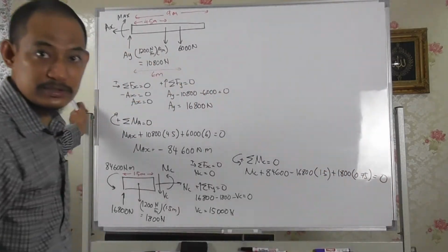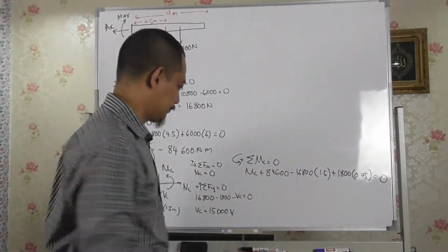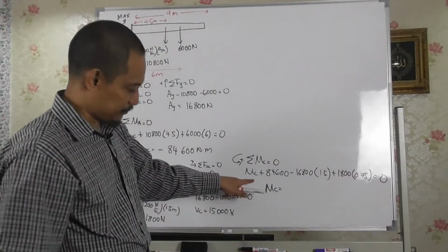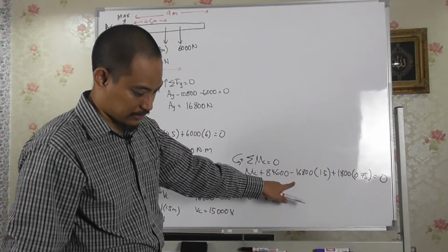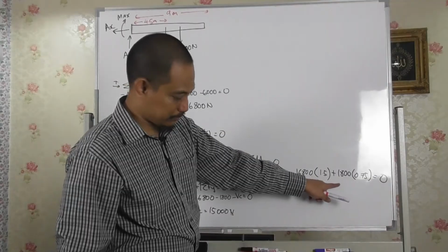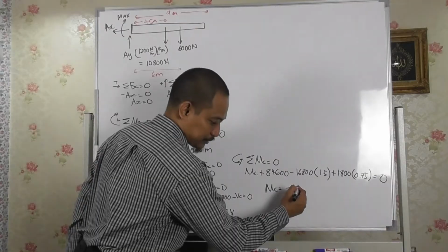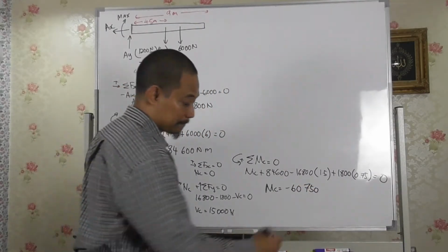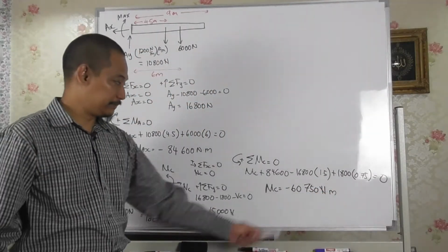Hopefully you can still follow. Calculating this, MC equals minus 60,750 Newton meter. So that will be the answer there.